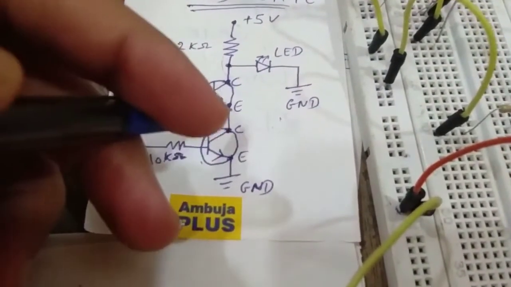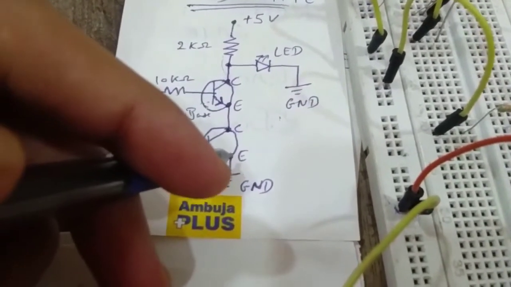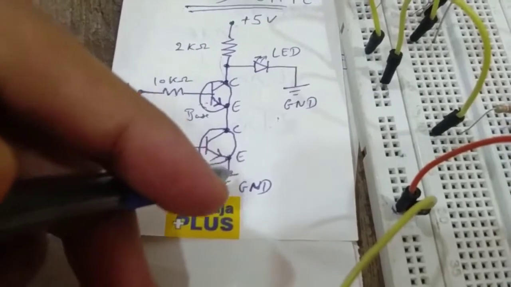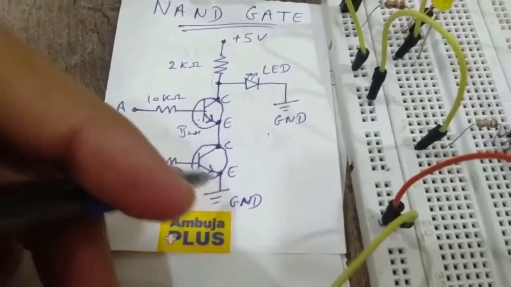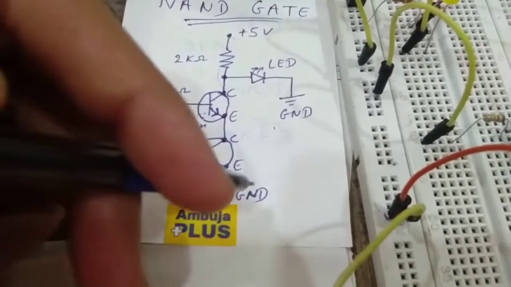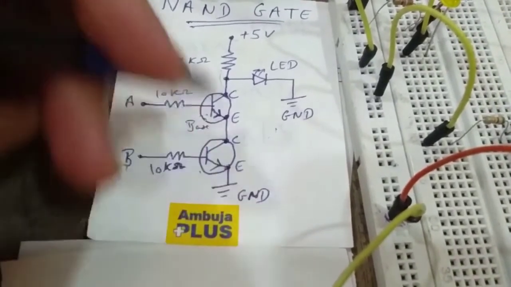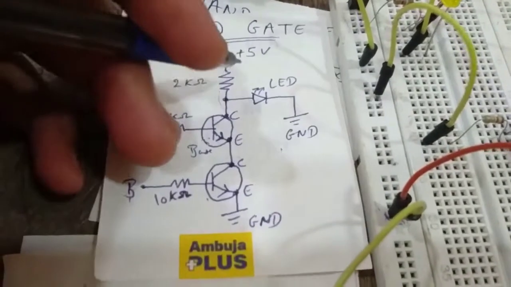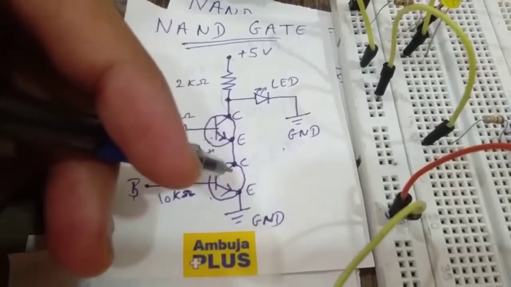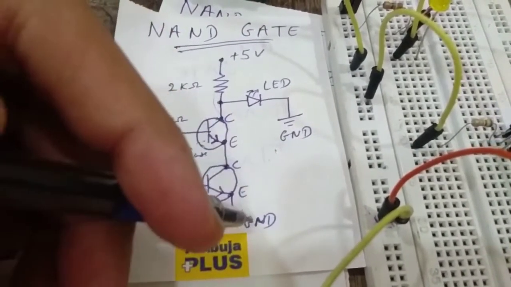So whatever current we have received here would pass to this emitter, but the emitter here is connected directly to the ground. So there is a straight line connection from this 5-volt supply to this ground.